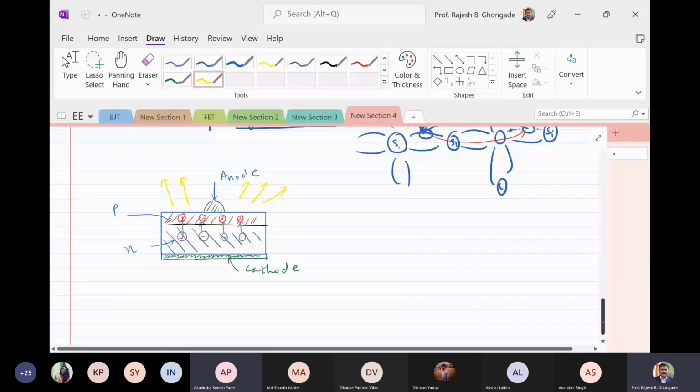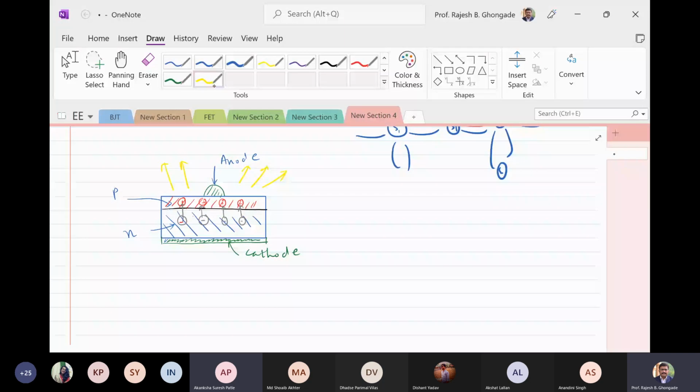If you look at the construction, this is only the representation in terms of the junction.